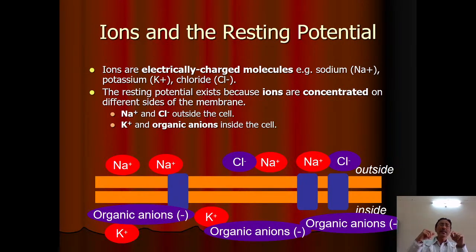At plus 20, when there is electropositivity inside, the membrane suddenly becomes impermeable to the sodium ions, though a concentration gradient may still be there for the sodium ions from outside to inside. So despite a concentration gradient existing, because of the electropositivity of plus 20 millivolts inside, further diffusion of the sodium ions does not take place.